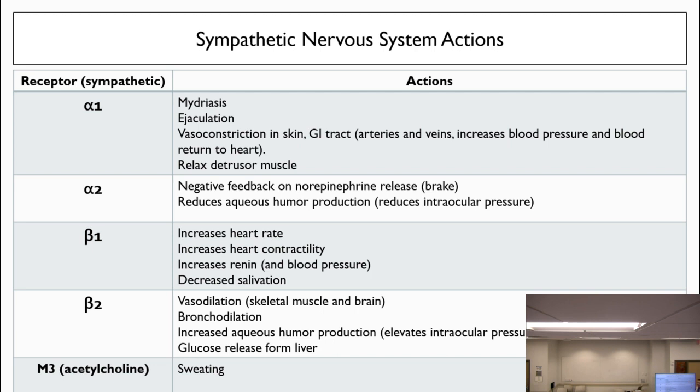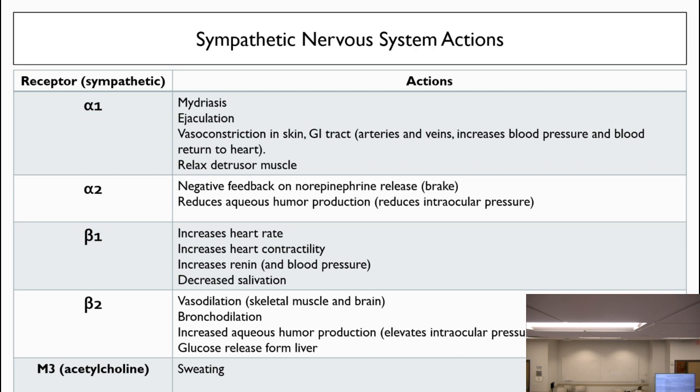Alpha-1 produces mydriasis, which opens up the pupils, ejaculation, and vasoconstriction in skin and GI tract. Remember what I told you: during sympathetic activation, we don't need blood except in the muscles, the brain, and the heart. The skin doesn't need blood. If I have a cut, I will make sure that I don't bleed too much.